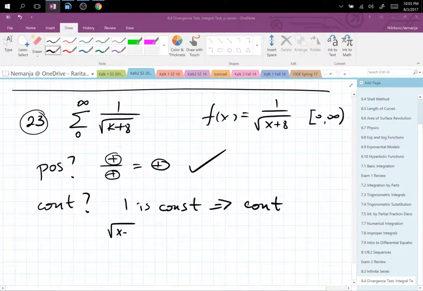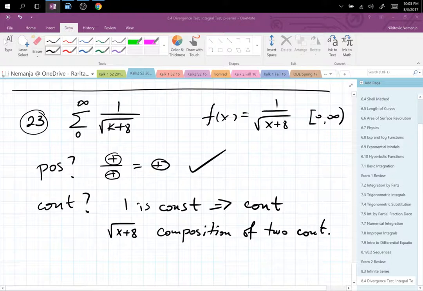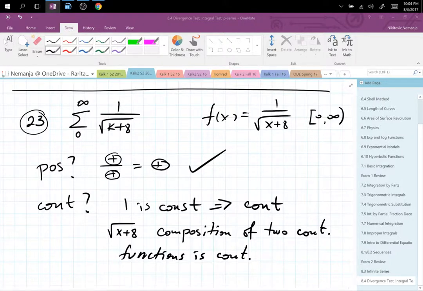So I'll write this and just say composition of 2 continuous functions is continuous. That's a theorem in Calc 1, 2.6 section on continuity.